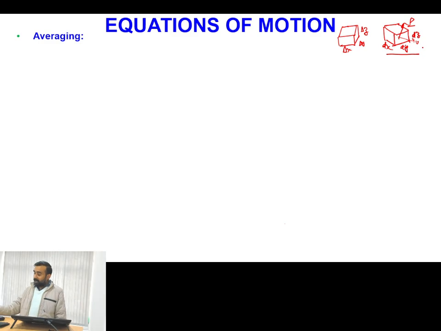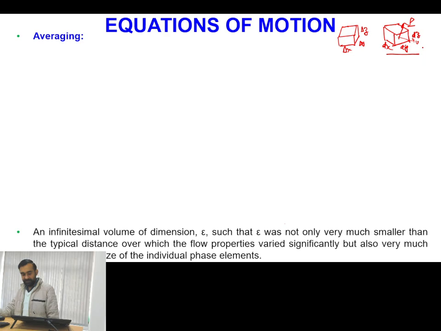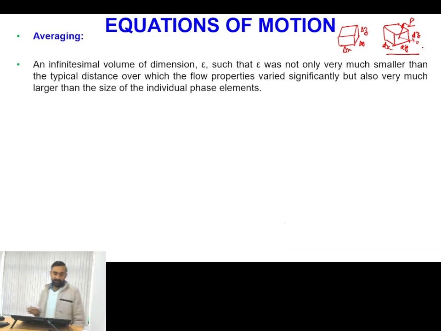Now, what is our interest? Our interest is to write governing equations for multi-phase flow. So when we are writing governing equations for multi-phase flow, in addition to whatever assumptions we make in single phase flow, we have to also make some more assumptions. What are the assumptions?